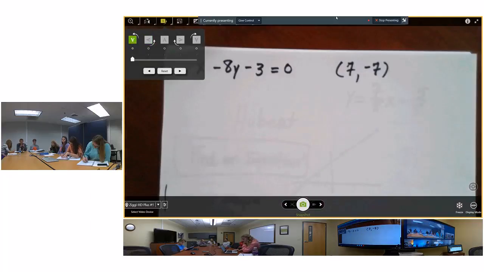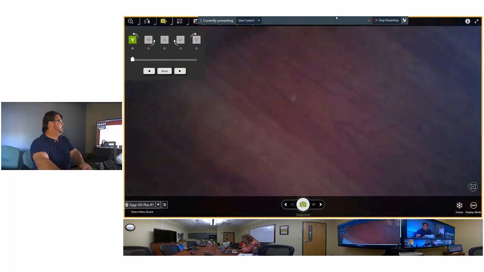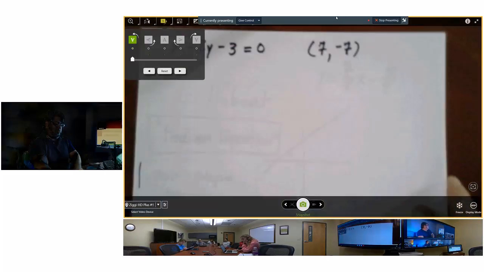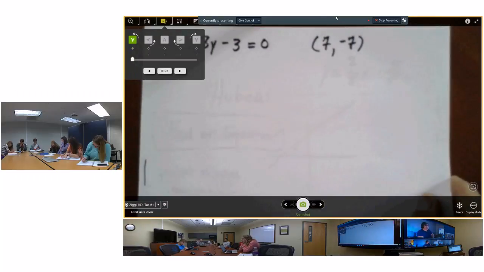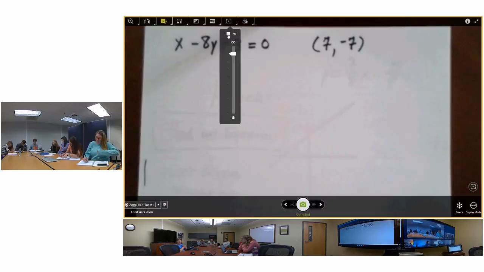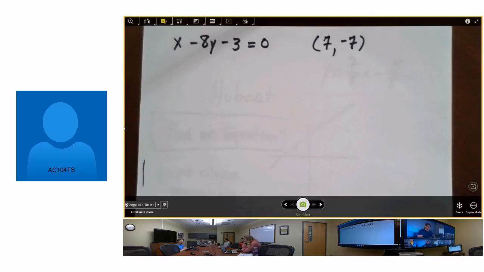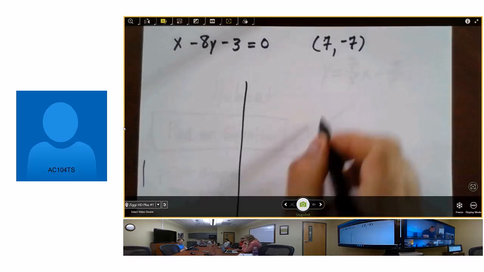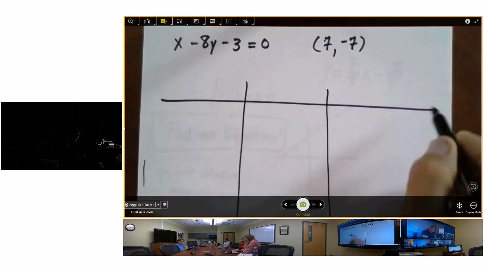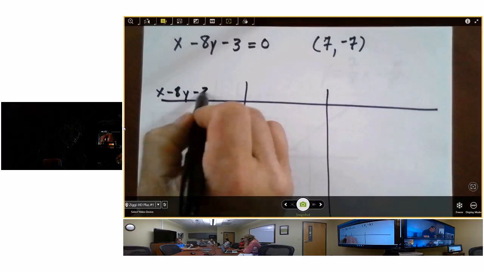There we go. That's a whole lot better. Okay, so the table: x minus 8y minus 3 is equal to 0.